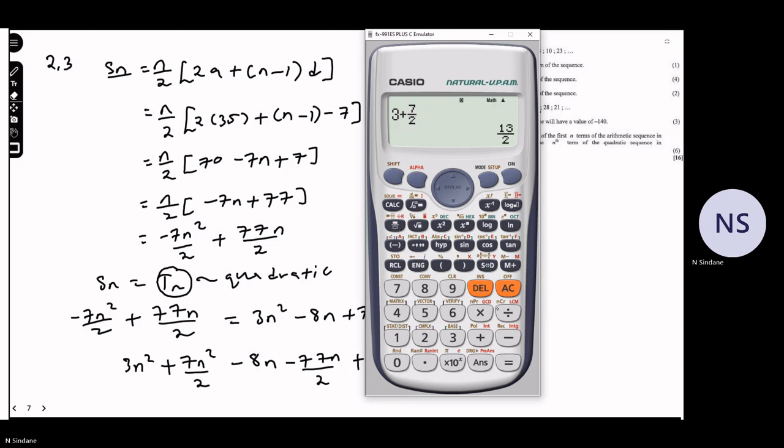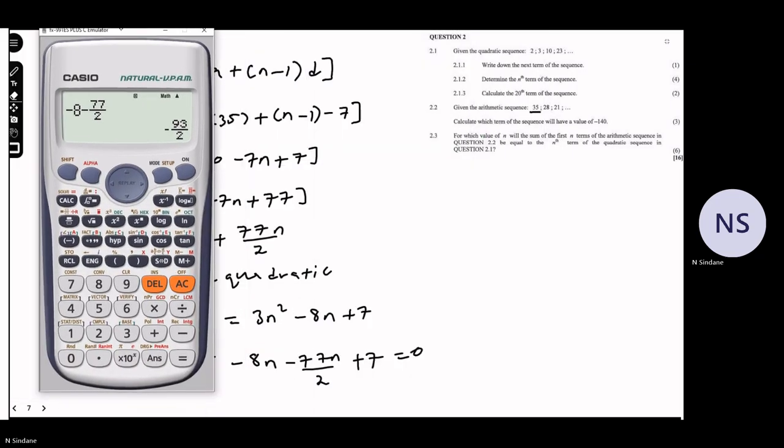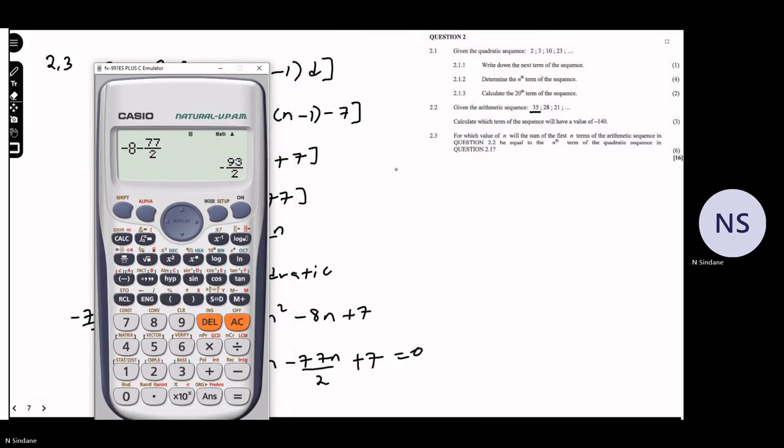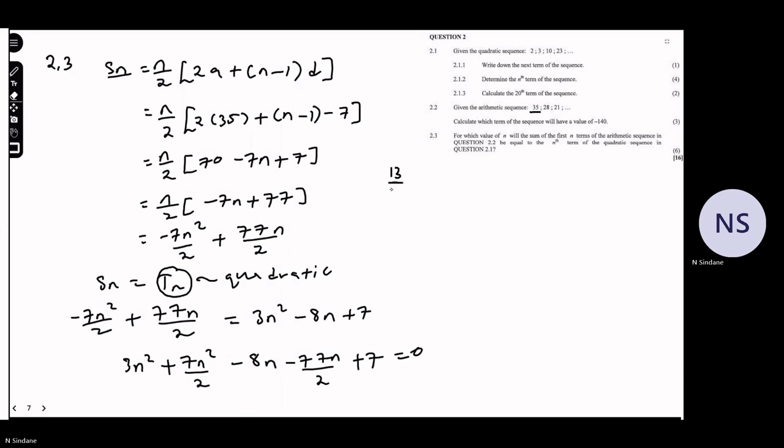That is 13 over 2. And then negative 8 minus 77 over 2, let's see, the solution is 93, which is negative 93. So I'm going to have 13 over 2 n squared minus 93n over 2 plus 7, and this is equal to 0.